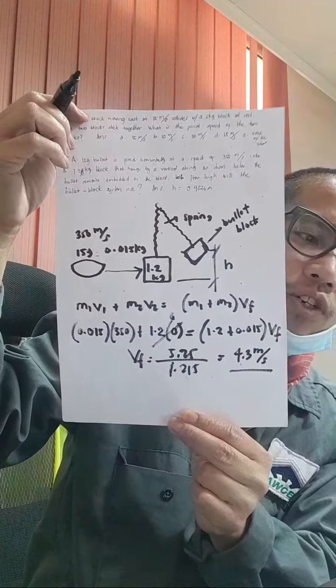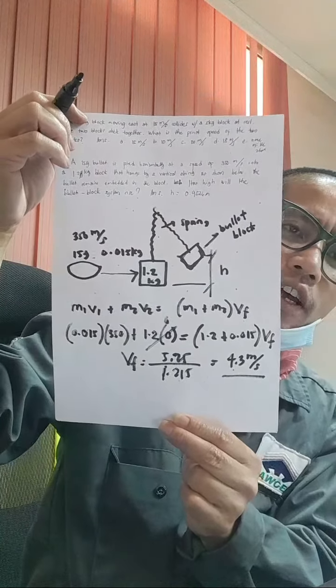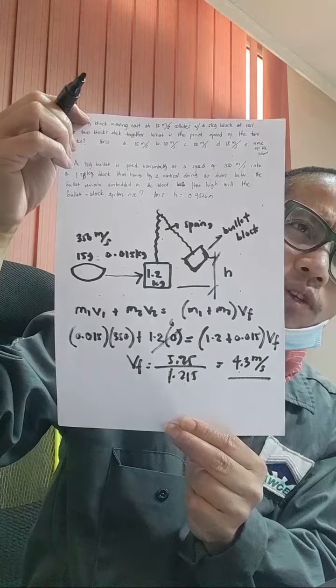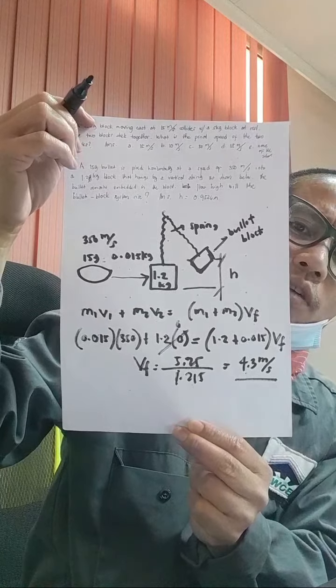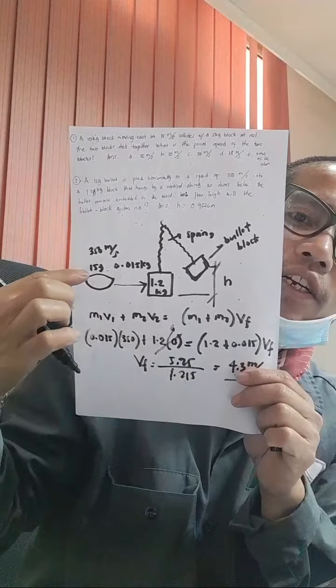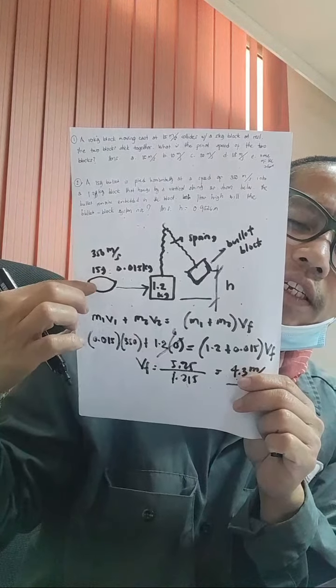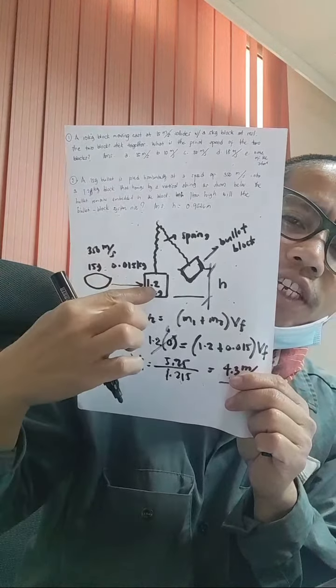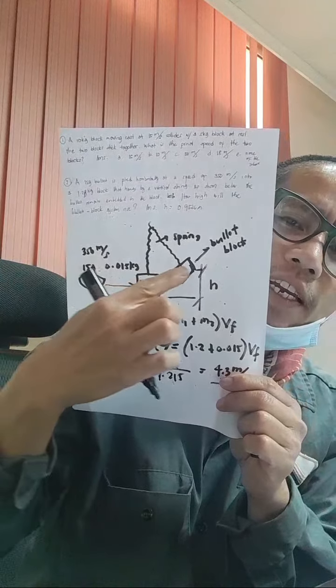But the question is asking for the height of the block when it was pushed by the bullet. So let's do this by checking the energies. We have the mechanical energy here at the start, then the mechanical energy at point 2, and at point 3.